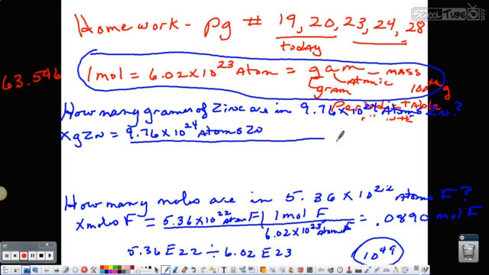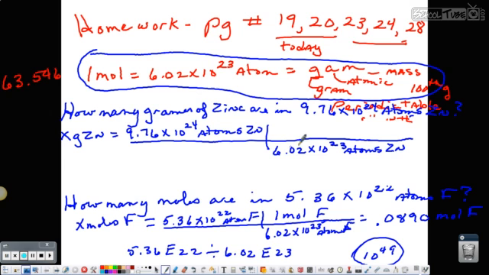What am I trying to get rid of? Atoms. What number goes with atoms from my equality that's written up here? 6.02 times 10 to the 23rd atoms. What am I trying to find?